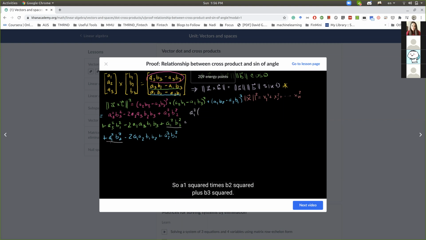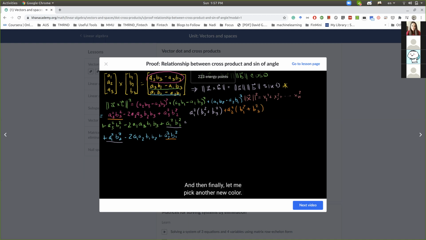So a1 squared times b2 squared plus b3 squared. Good enough. Now where are my a2 squared terms? Plus a2 squared times, I have that one and that one, so times b1 squared plus b3 squared.